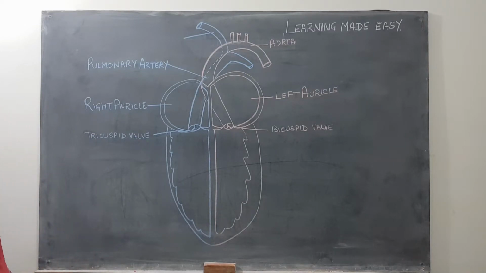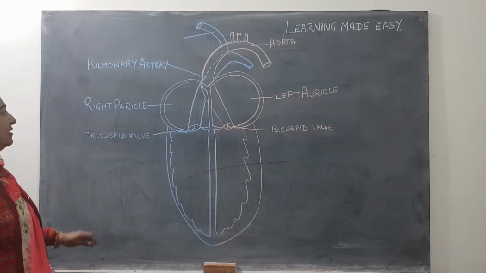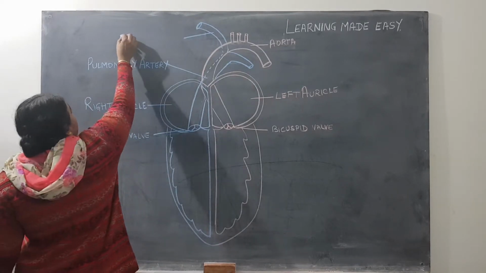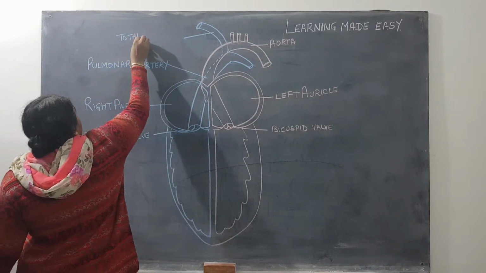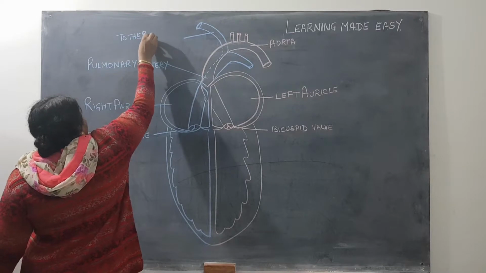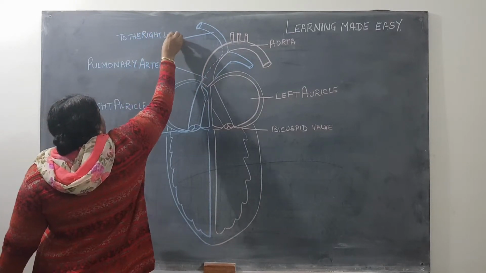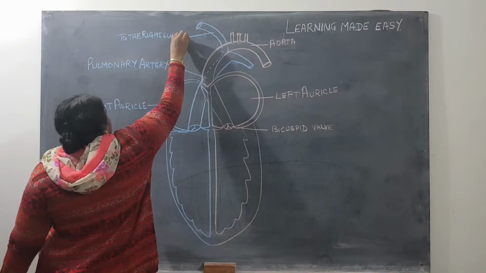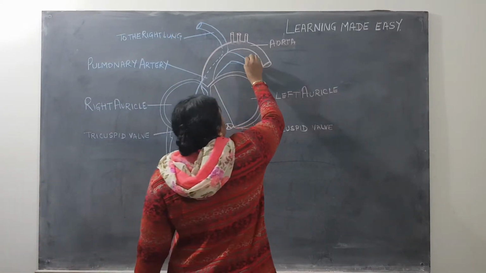This divides into two and each branch leads into different lungs. One on the right side, this is to the right lung, and this one goes to the left lung.